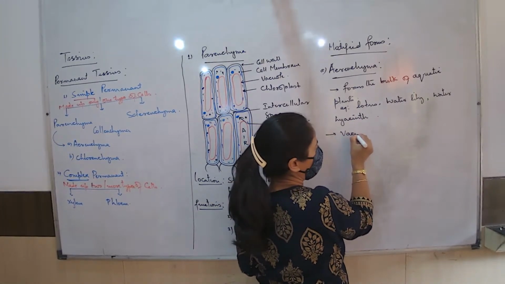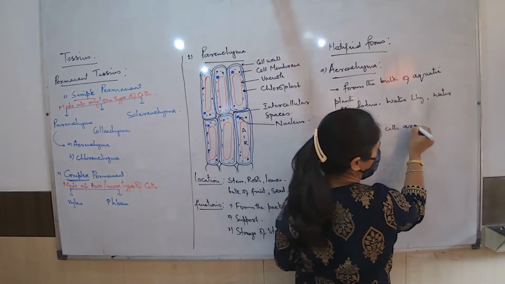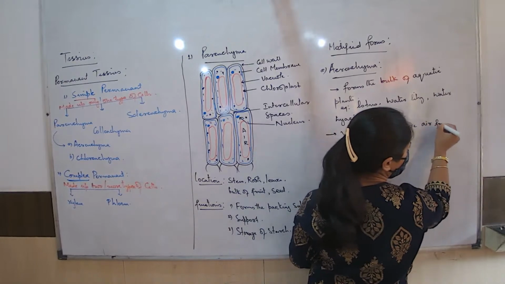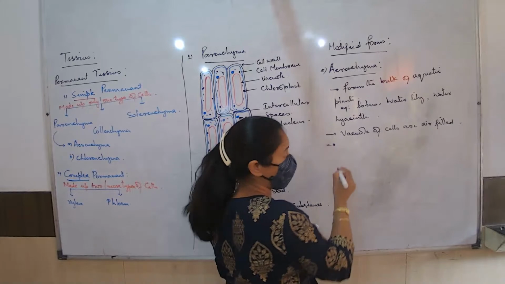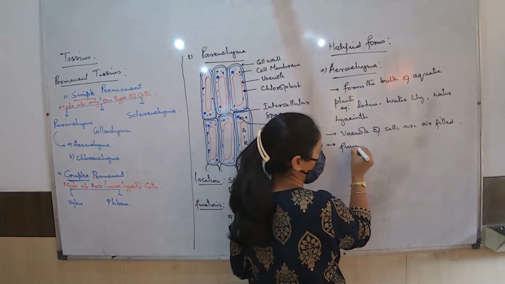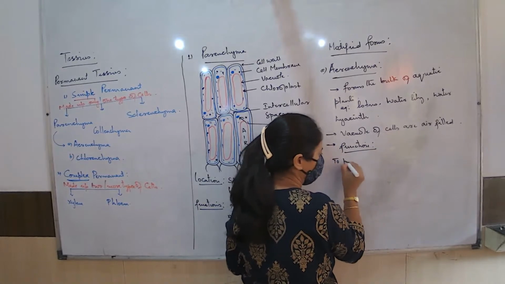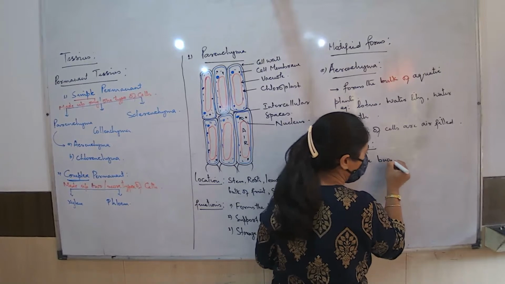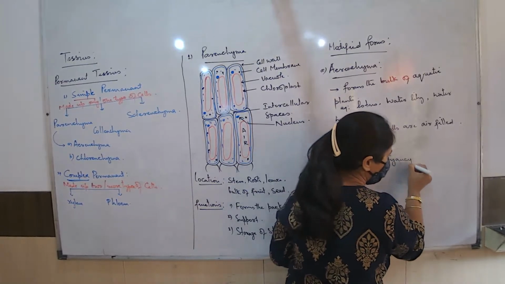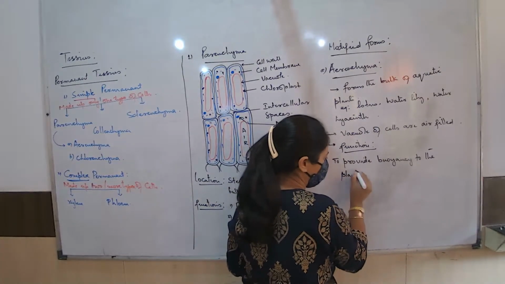The vacuole of the cells is air filled. What is their function? Function, what are you supposed to write? Function you have to write to provide buoyancy, meaning making it lighter. To provide buoyancy to the plant parts.